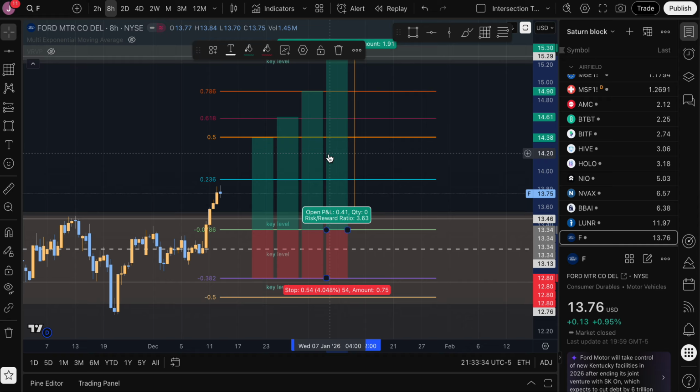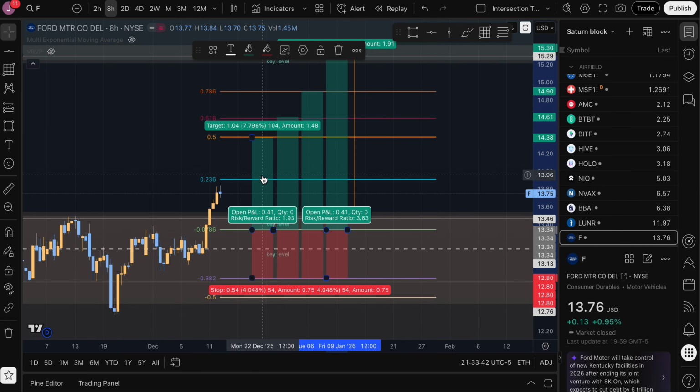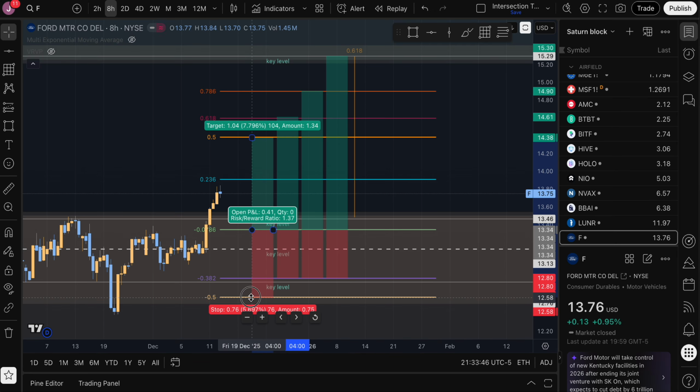So you can see you can get some very nice RR if the trade works out by having this 8% offset. So even the 1-to-1 trade, which would be 50% to 50%, but with this 8% offset, instead of being 1-to-1, it's 1-to-3, 1-to-4, which is really nice.